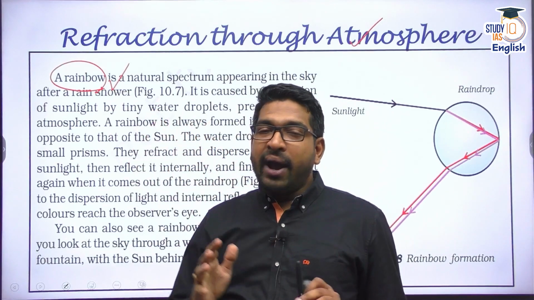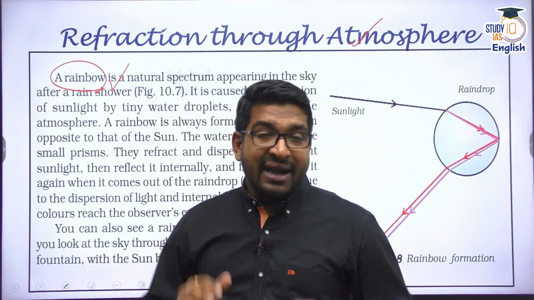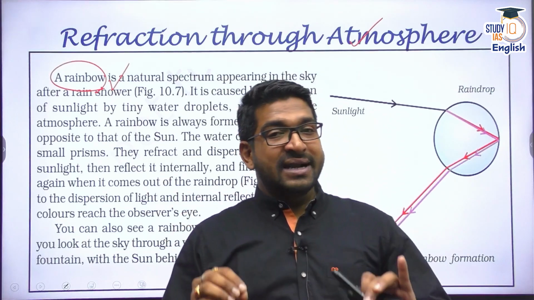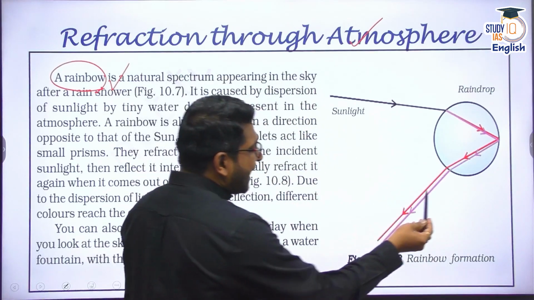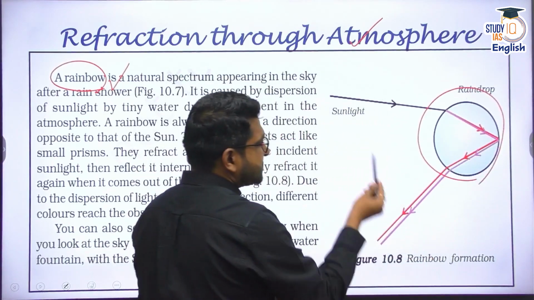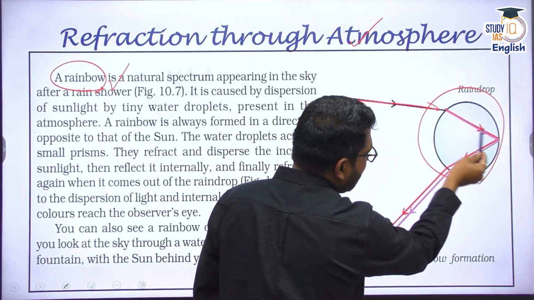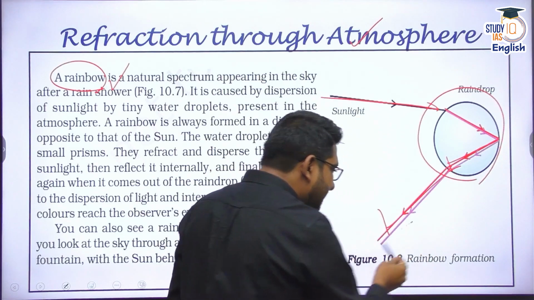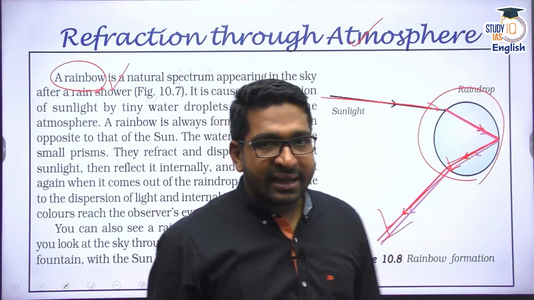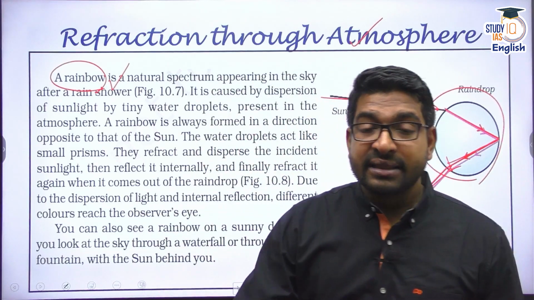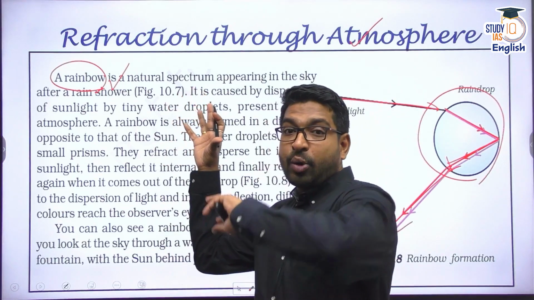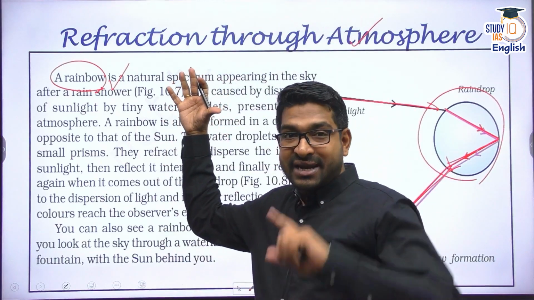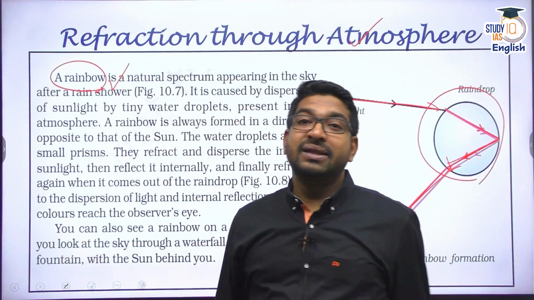Why does that happen? That happens because the rain droplets in the atmosphere act as a prism. The sunlight passes through a raindrop, it gets refracted, it gets internally reflected as well, and then the constituents of white light can be seen. The rainbow can always be seen in the opposite direction. If the sun is towards this side, on the opposite direction you will see the rainbow.